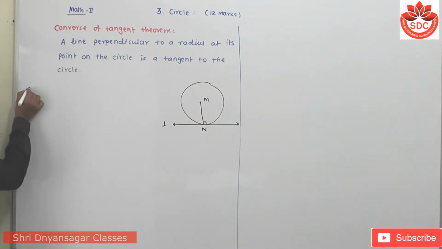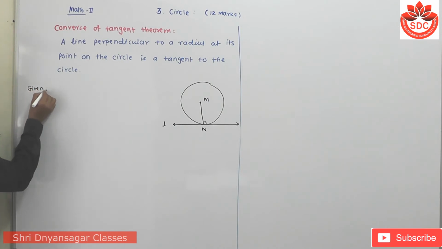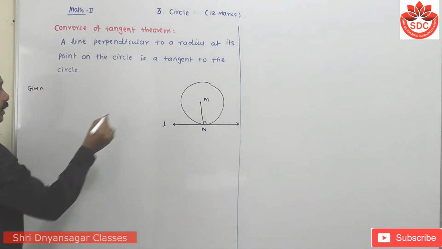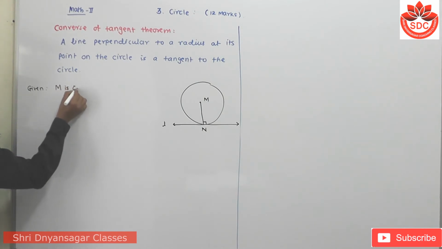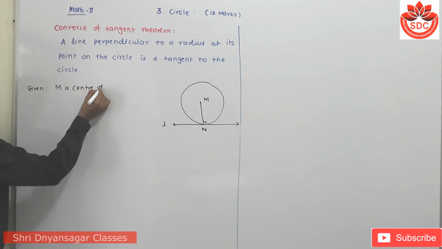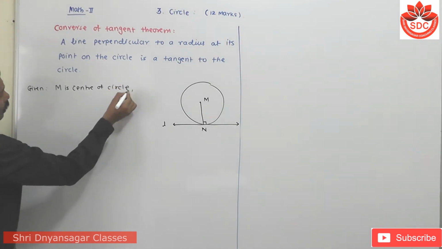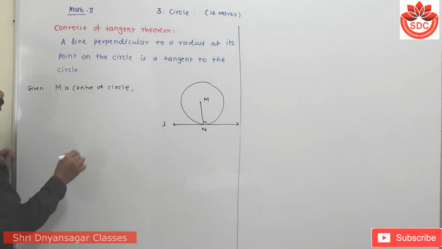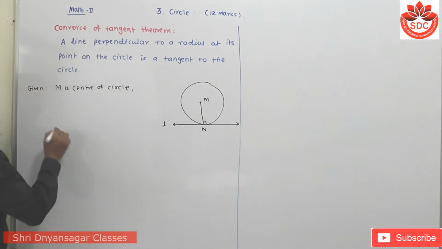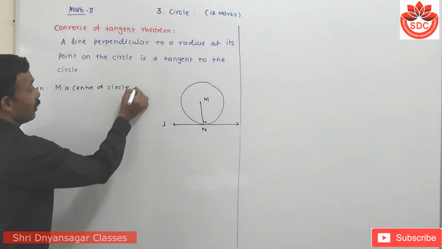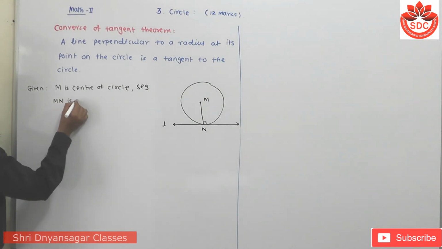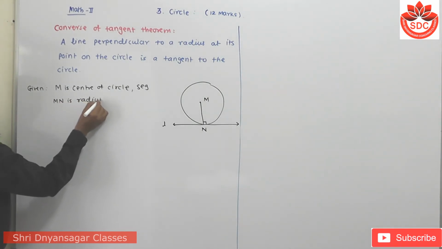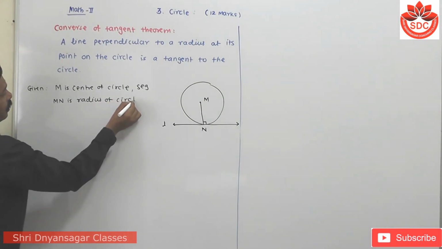For this I have to write the given. Now here we take M as the center. I have to write here M is the center of circle. Then segment MN is the radius of circle.